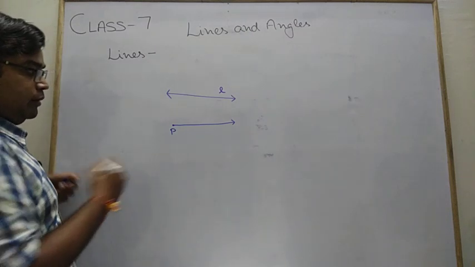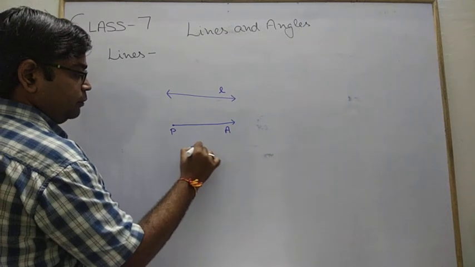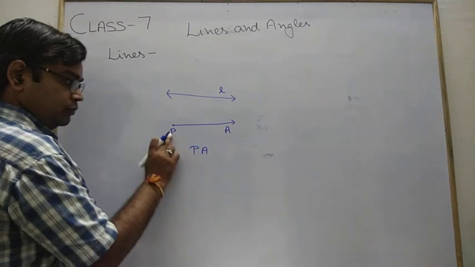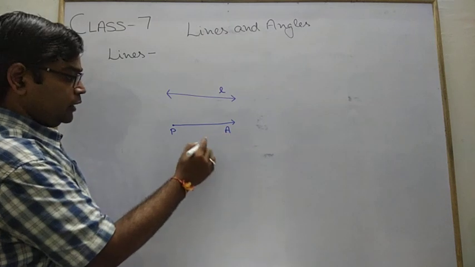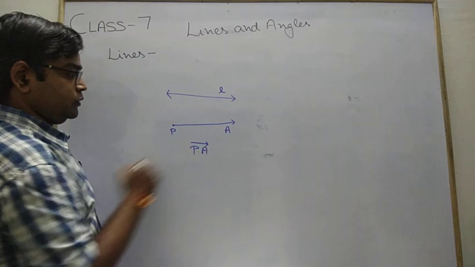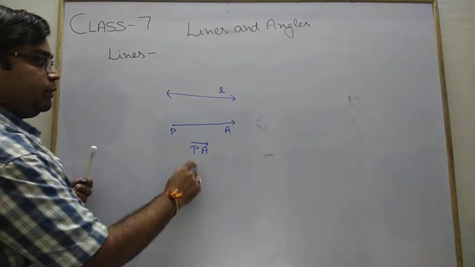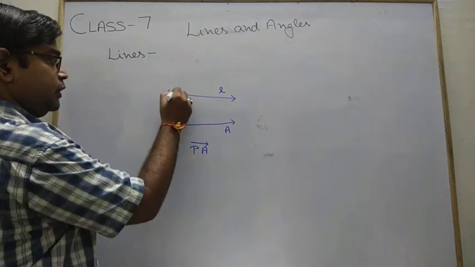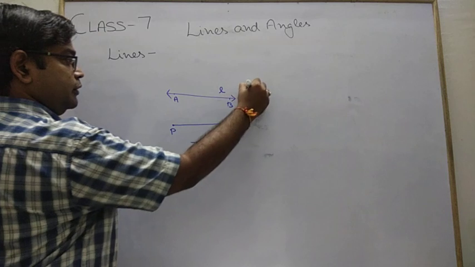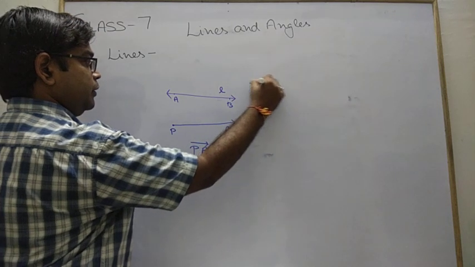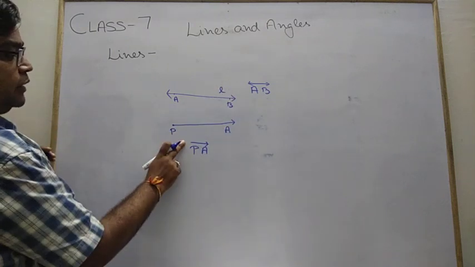To name a ray, we first write this end point, then one of the open points. Likewise we can name a line segment with the nearest points A and B at both ends, writing AB, but you have to place the symbol. This symbol is for line, this symbol is for ray.